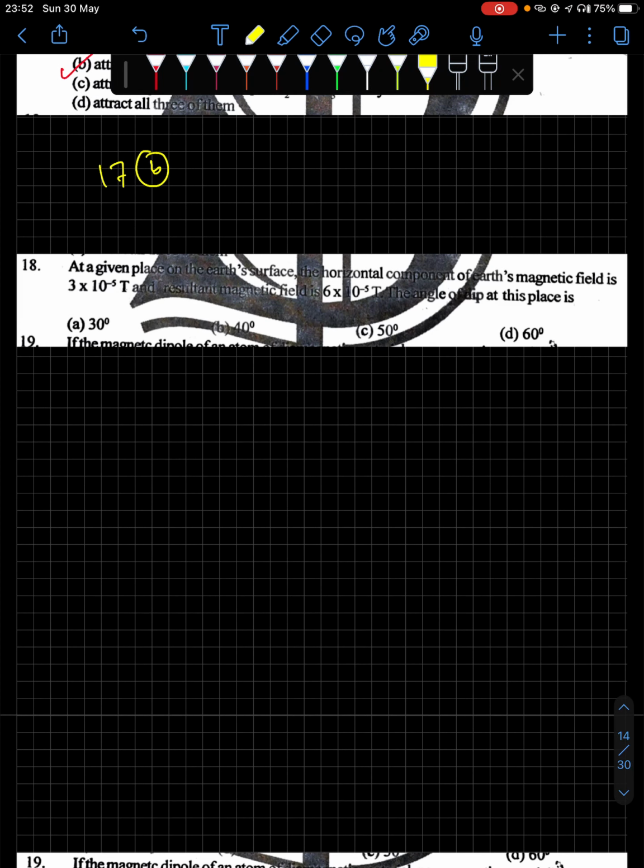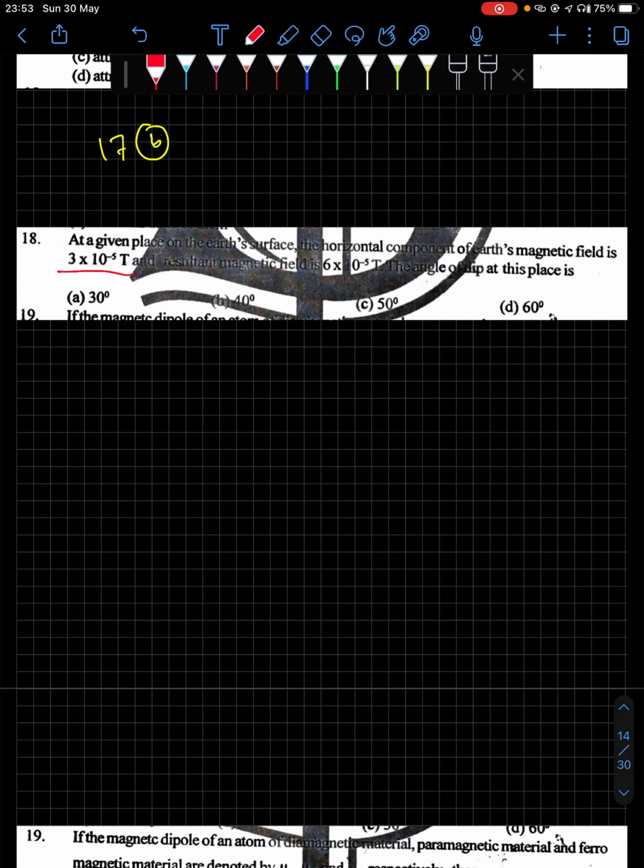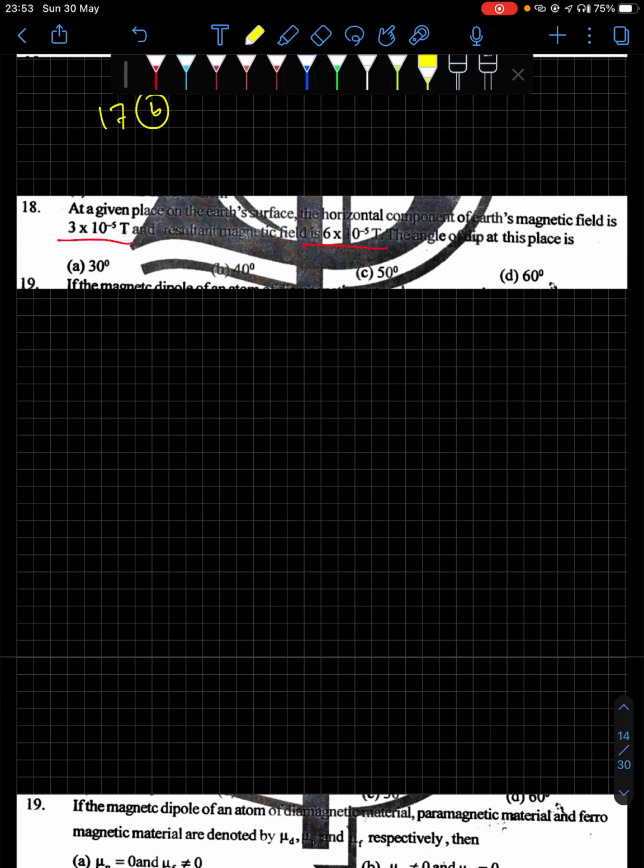At a given place on the Earth's surface, the horizontal component of Earth's magnetic field is given as 3 into 10 to the power minus 5 Tesla. The resultant magnetic field is given, and you have to find the angle of dip. This is a pretty direct question.